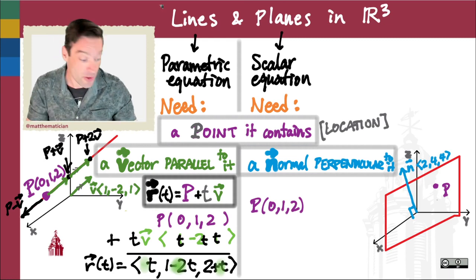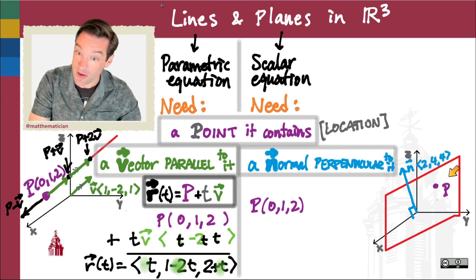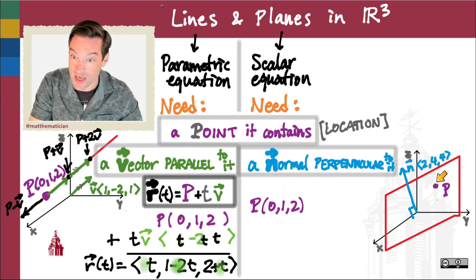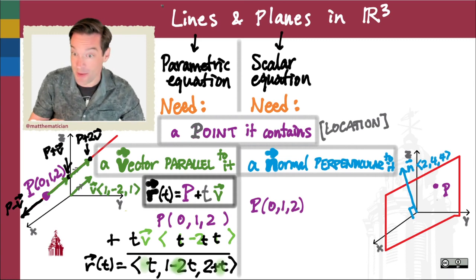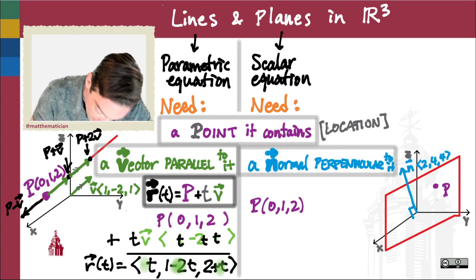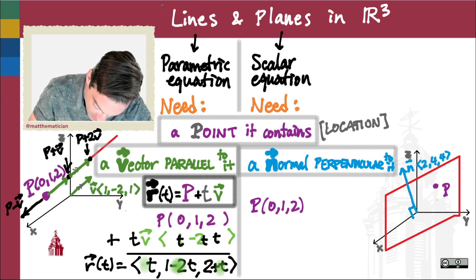Let's shift to the story for planes, because this connects more directly to the problem that we were just doing. If I have a point that I know is on my plane, in this example (0, 1, 2), and I know a direction that is perpendicular to my plane, how can I use vector geometry to come up with an equation that describes every point that is a part of my plane?